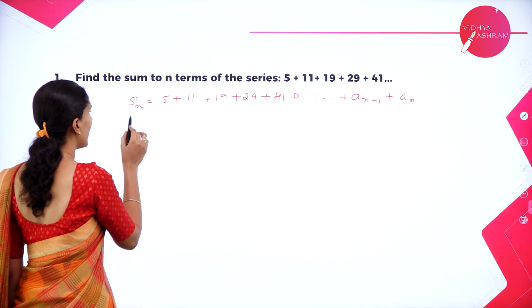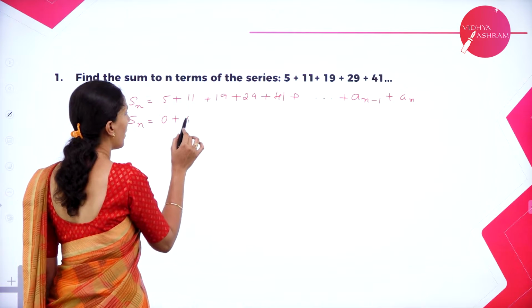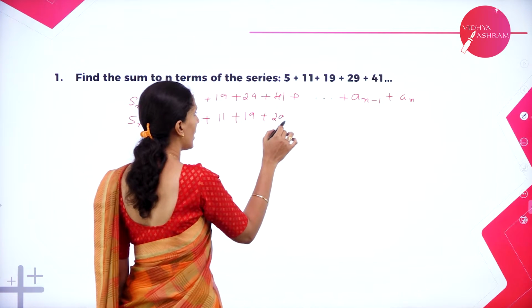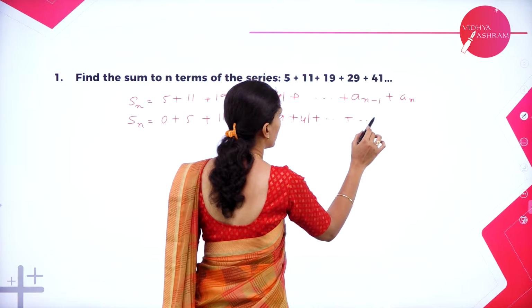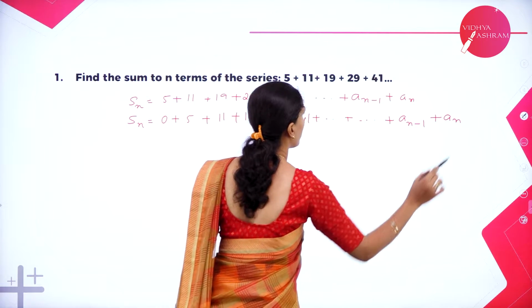Next again I will take Sn as 0 plus 5 plus 11 plus 19 plus 29 plus 41 plus etc. plus a n minus 1 plus an.